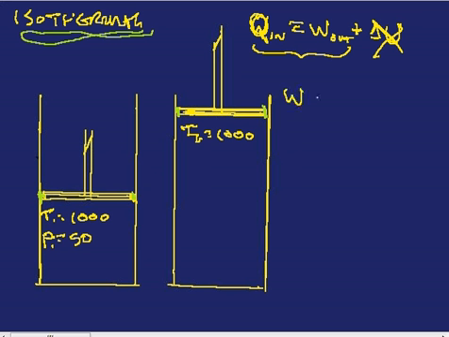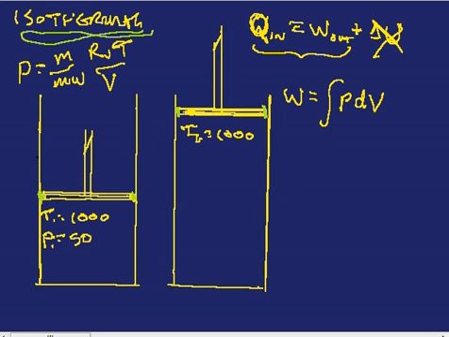Remember, W equals the integral of P dV. Here, however, the pressure is changing, and since it's changing with respect to V, we can't take it outside of the integral. But we can solve for pressure from the ideal gas equation: P equals m over molecular weight, R_U, T over V. Plug that in here, and work is equal to the integral of m R T over molecular weight, dV over V. The nice thing is that T is constant, because we're doing this for an isothermal process.